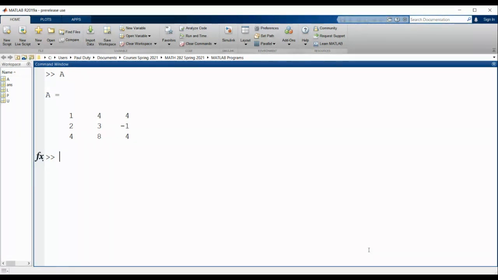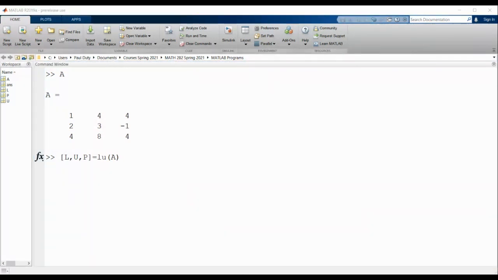And the LU factorization, the command is LU of A. But what I'm going to do is create an array of matrices so that when MATLAB does its LU factorization, it can store the lower unit triangular matrix L, the upper triangular matrix U, and the permutation matrix P. It'll store them and show them. That's why I have the LUP on the left in the brackets.